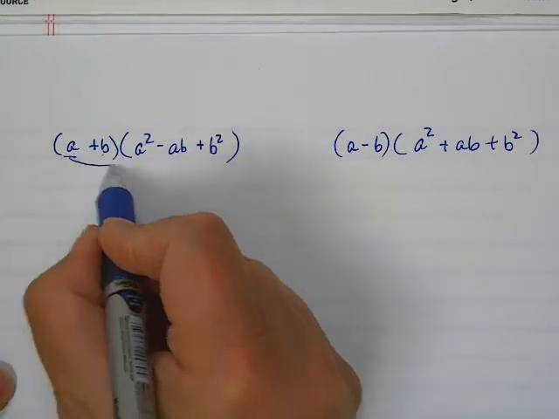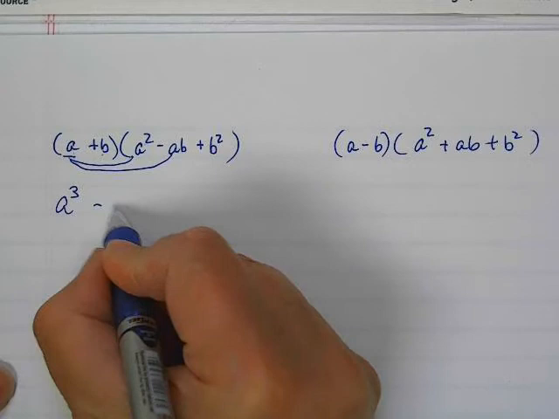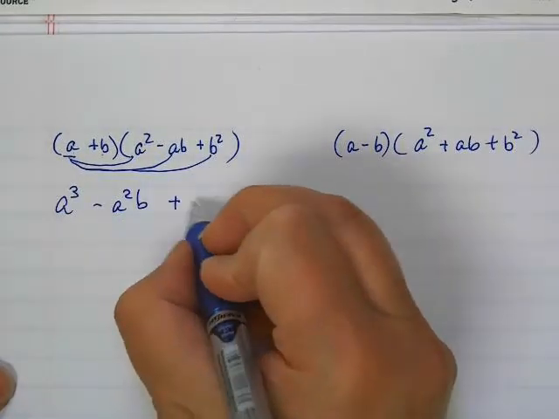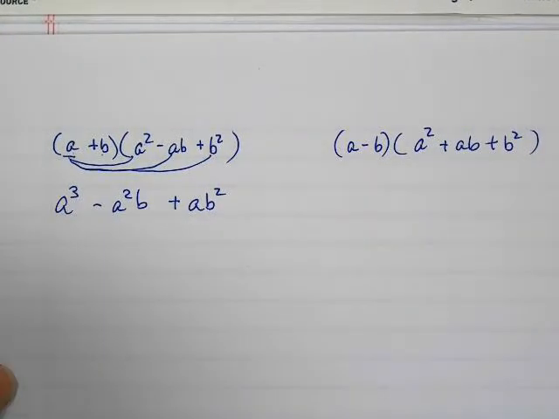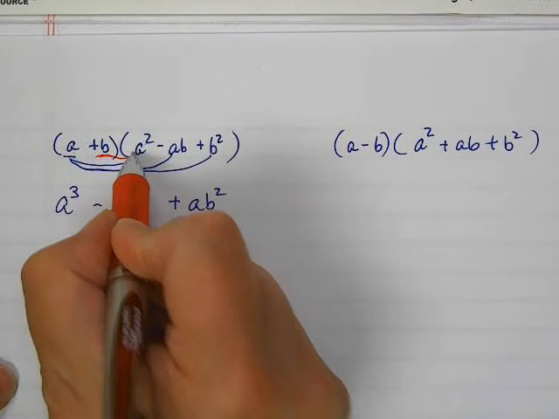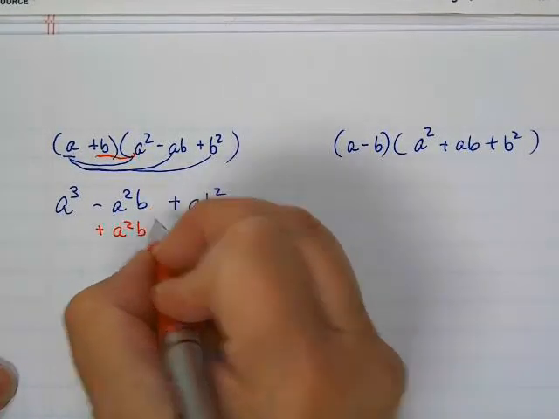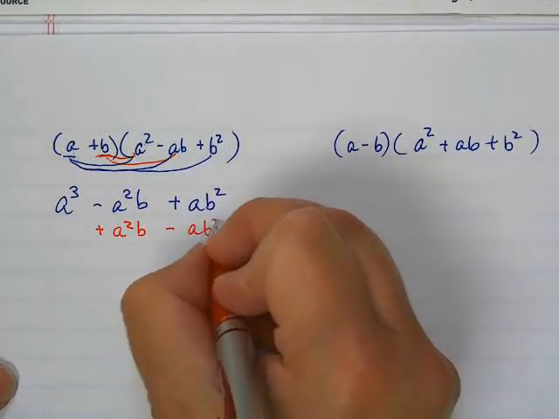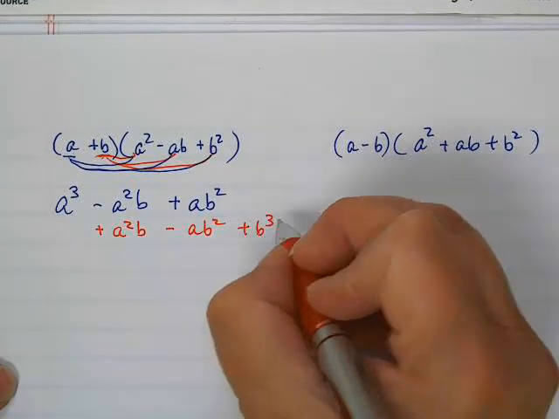When I take the a times everything, I get a cubed minus a squared b plus ab squared. Okay, now I'm going to take the b times everything. B times a squared is plus a squared b. B times this is minus ab squared. And b times b squared is plus b cubed.